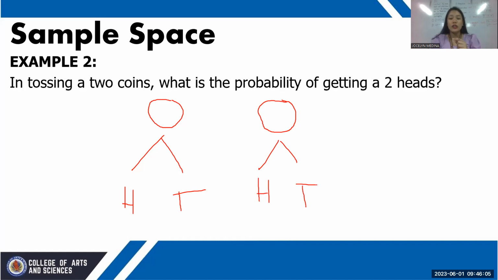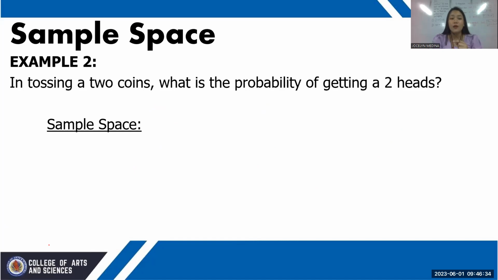Ngayon, kunin nyo na lang yung combination. So, pwedeng sabay silang makakuha ng dalawang head. Pwede rin namang yung first coin is head, yung second coin is tail. Or pwede rin namang first coin is tail, the second coin is head. Or the 2 coins, pareho silang nagbigay ng tails. So kapag dalawang coins naman, this is the sample space.